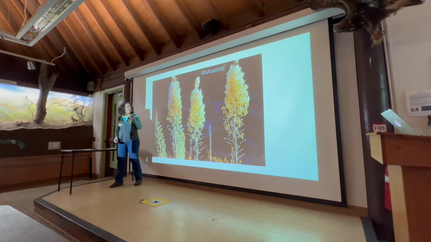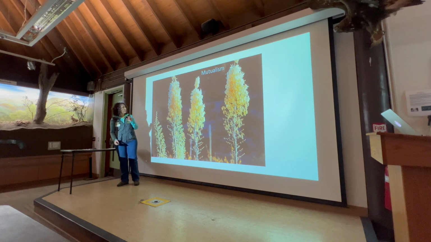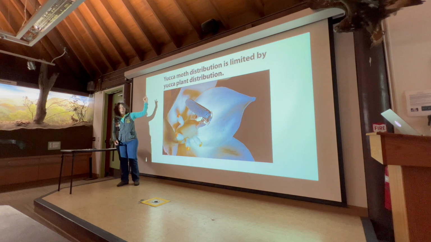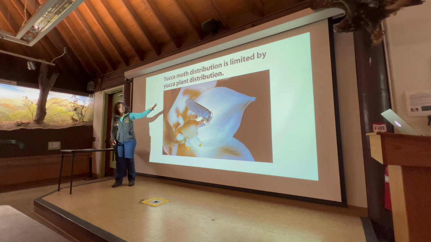So another kind of symbiosis is mutualism, where two partners both benefit from this very close partnership that they have. So these are yucca plants, and this is an example that we have actually illustrated out in the museum, in the interpretive center next door, that yucca moths require yucca flowers to reproduce.